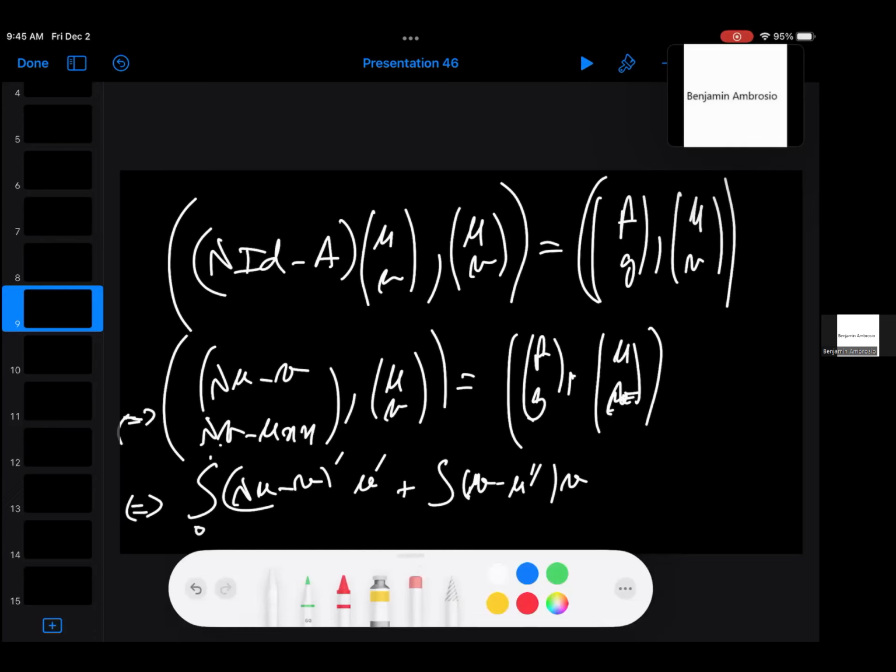Equals the integral between 0 and 1 of f prime u prime plus the integral between 0 and 1 of g v.